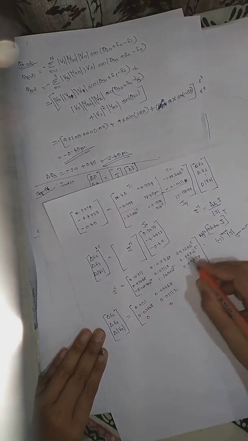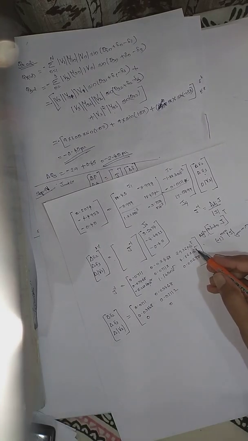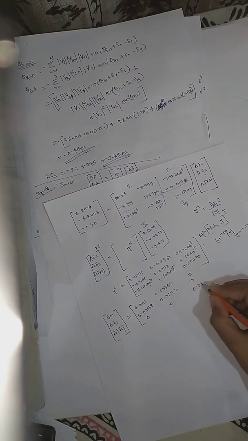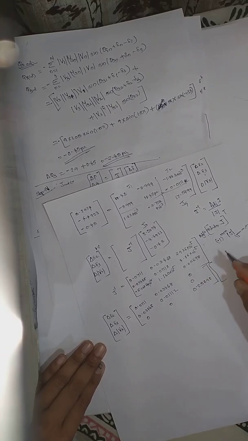I am approximating it. While finding the inverse, in order to reduce my calculation, I am not going to take anything beyond 10 raised to minus 3. So this is my equation.